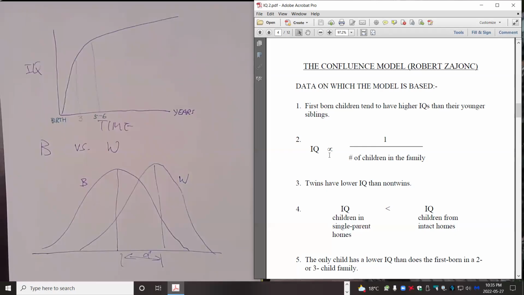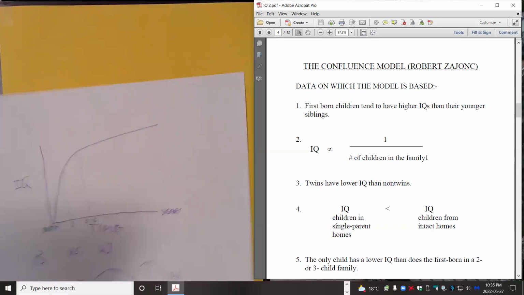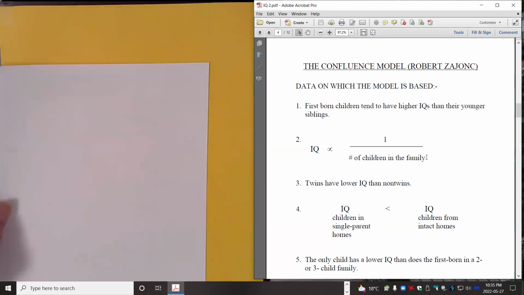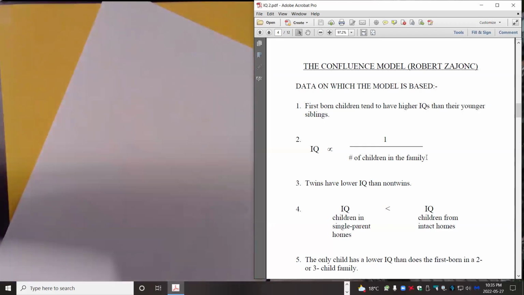IQ is proportional, kind of, to 1 over the number of children in the family. What does that mean? Well, let me give you an example.